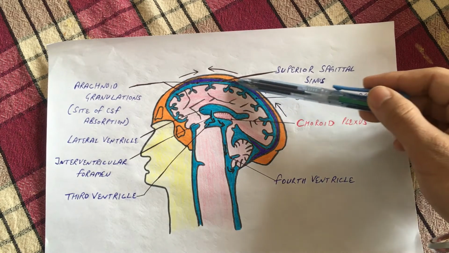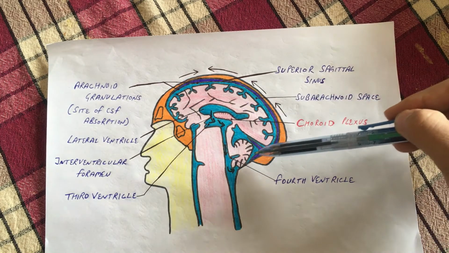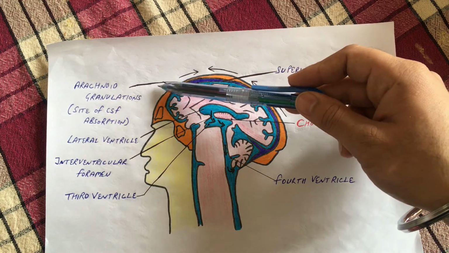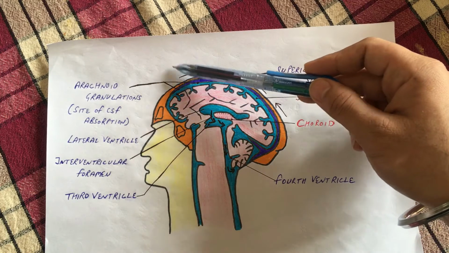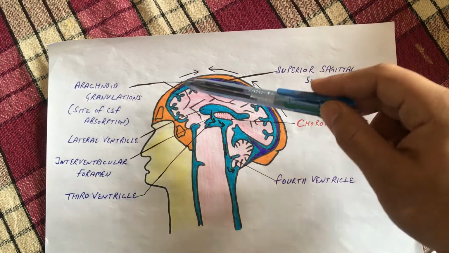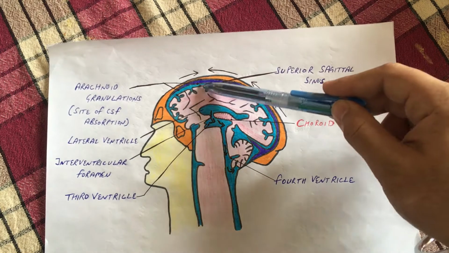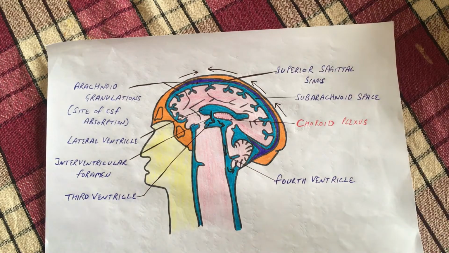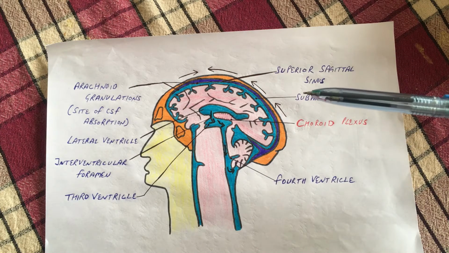From here, it goes all over the subarachnoid space. And this is the site of absorption of CSF, that is the arachnoid granulation. These two are the points where CSF gets absorbed. Clear?